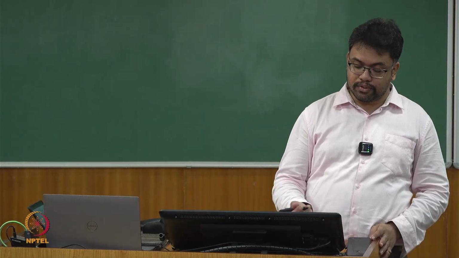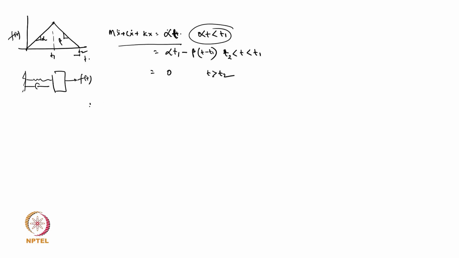First, we solve mx double dot plus cx dot plus kx equal to alpha t. We will get the complementary part and the particular part, and our total solution will be xc plus xp. We can then go up to t1.